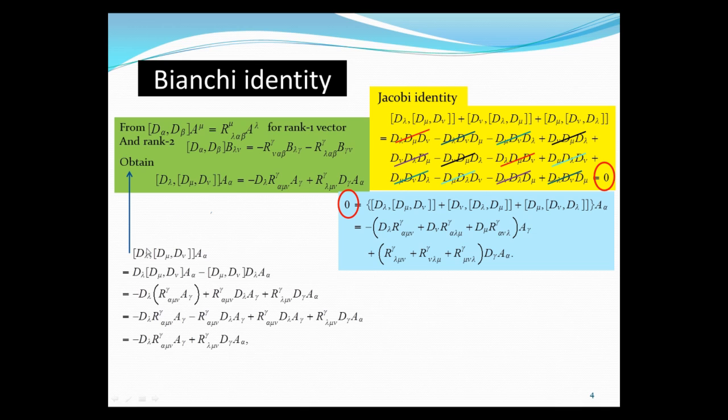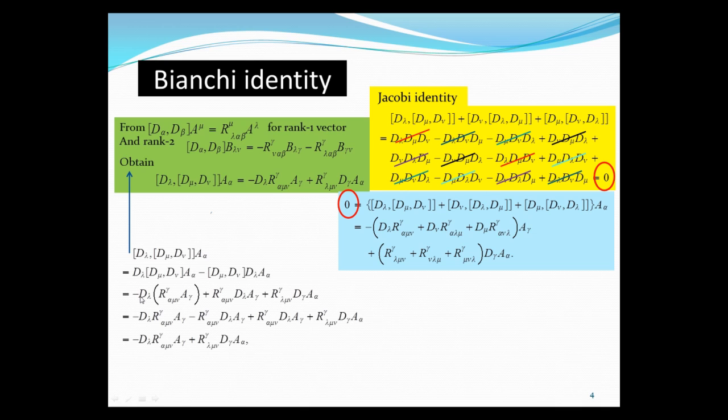It's just some calculation. The double commutator is the commutator followed by D, and D followed by the commutator, and then the commutator using the first relation is this. This one is a double commutator acting on a tensor of two indices, so we apply this equation and get this relation.